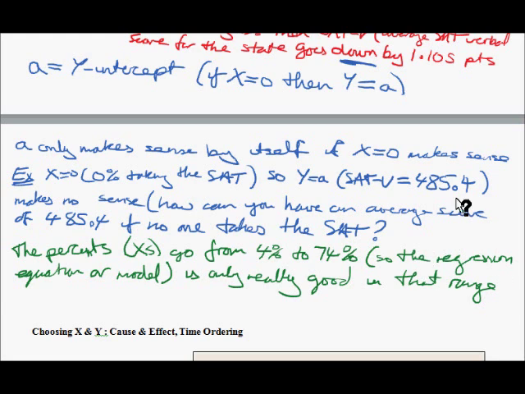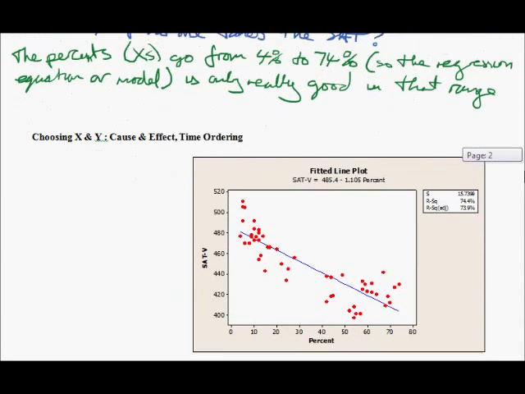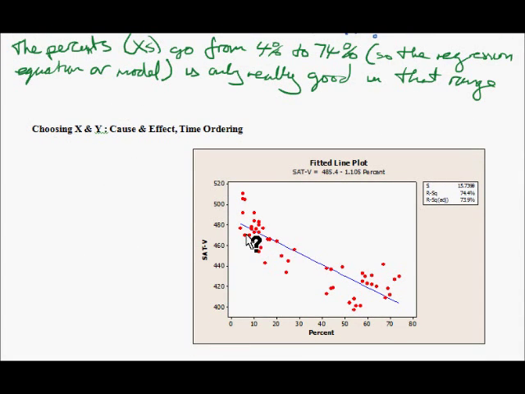In other words, if we go back to the plot, the line goes from 4% down here to 74% up here. I don't know if that line still holds outside of this. Maybe this suddenly dips down, maybe it suddenly goes up, same thing down here, I don't know. So outside that range, I don't know if it makes sense. So x equals 0 makes no sense because it's outside the range of x values. We don't know what's happening out there.